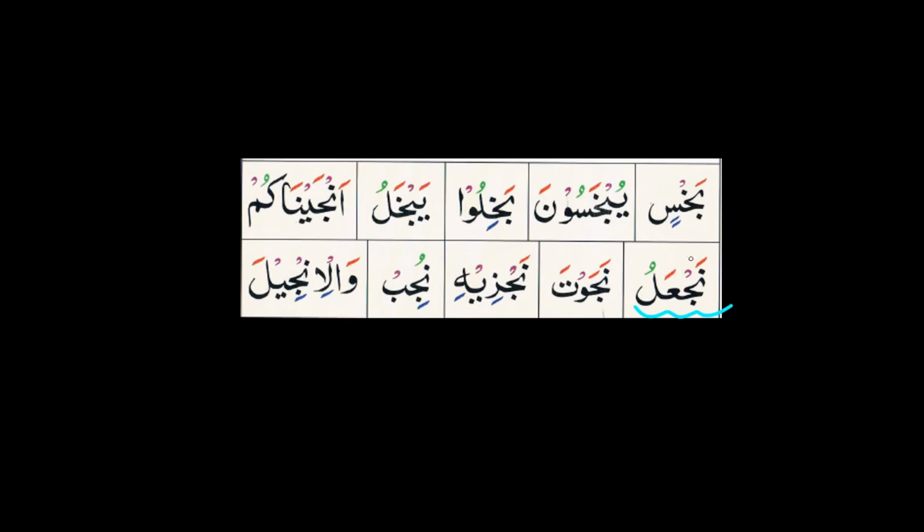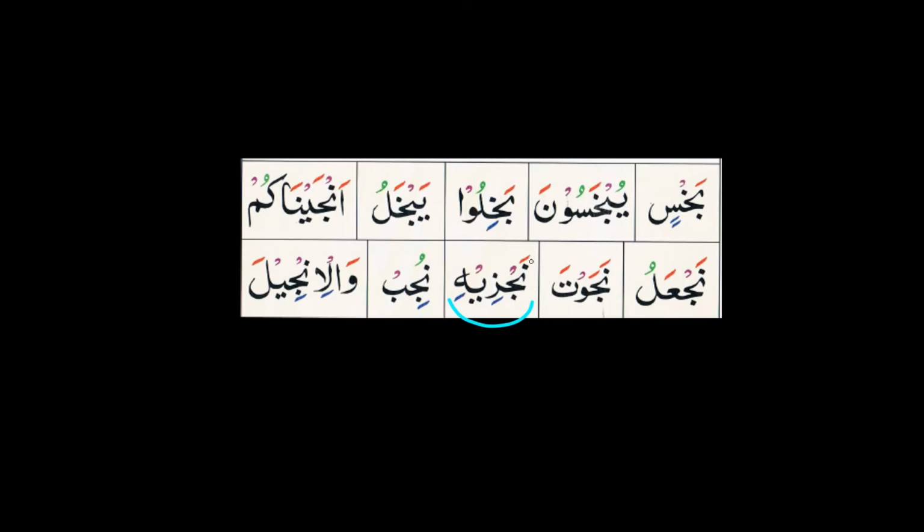Now for the last 5 words, you can do this as an exercise yourself by writing them out and breaking them down, but I will just read them for you. So we have noon fatha, jim sukun, naj, ain fatha, a, naj'a, lam, dhamma, lu, naj'alu. Next, we have noon fatha na, jim fatha waw sukun jaw, najaw, ta fatha ta, najawta.